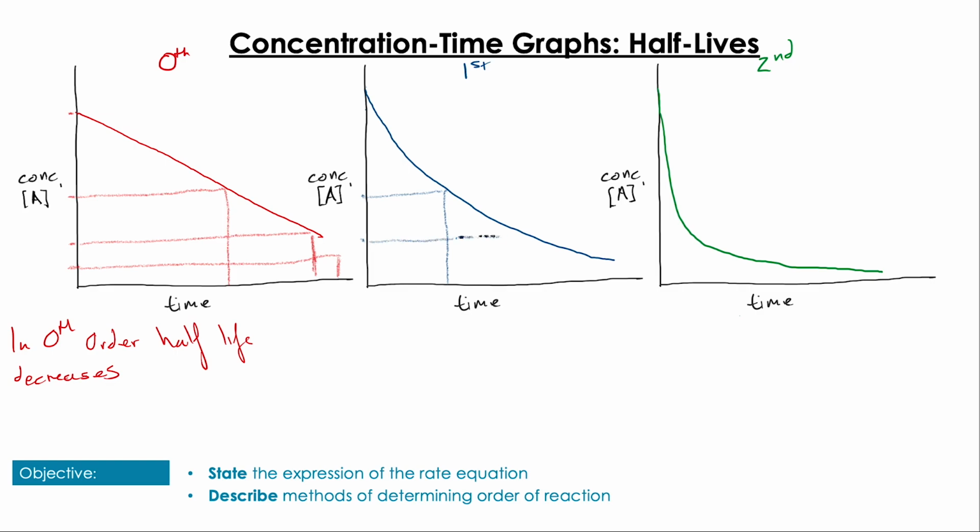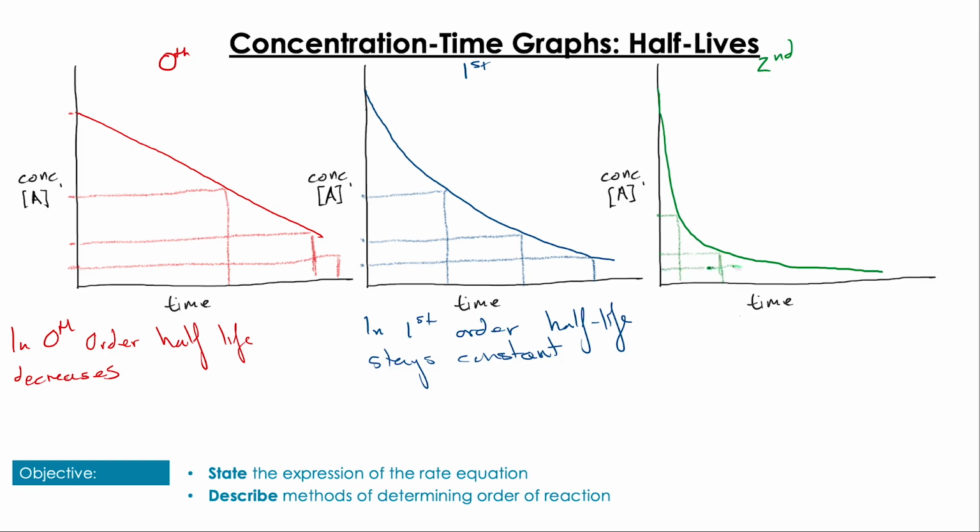As I've already said, if we do the same for the 1st order reaction, we see that the time it takes for the half-life to occur stays consistent. And so that constant half-life is the marker of a 1st order reaction. For the 2nd order, we can see that the half-life is going to increase over time.